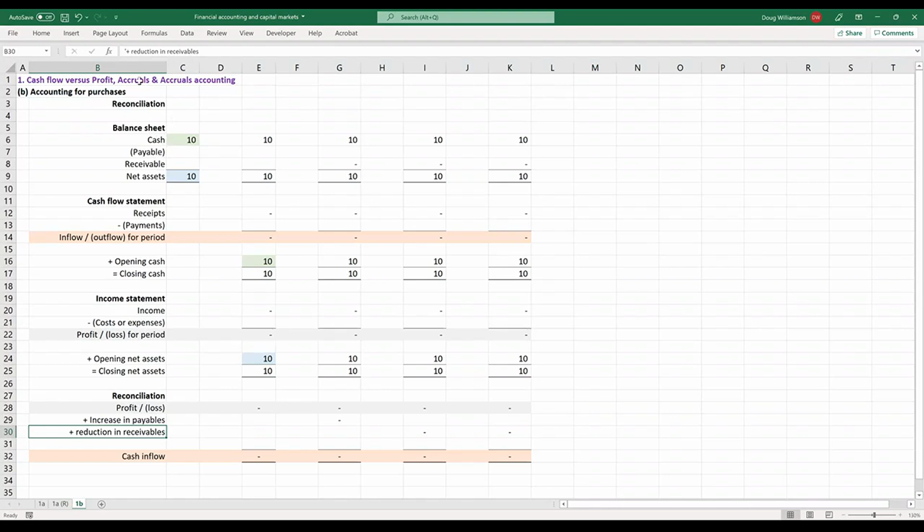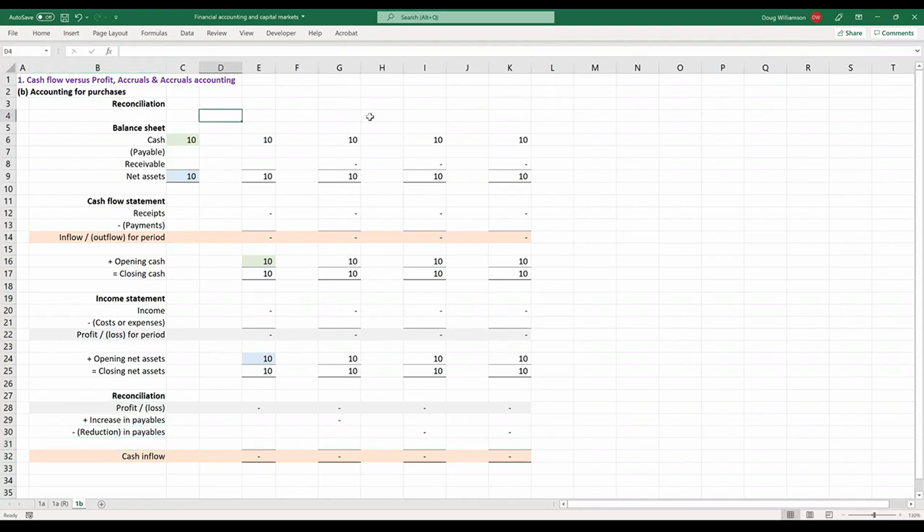If there's a reduction in payables, cash will tend to be less than we'd otherwise have expected. So that will work, and we'll see why it works with some examples.